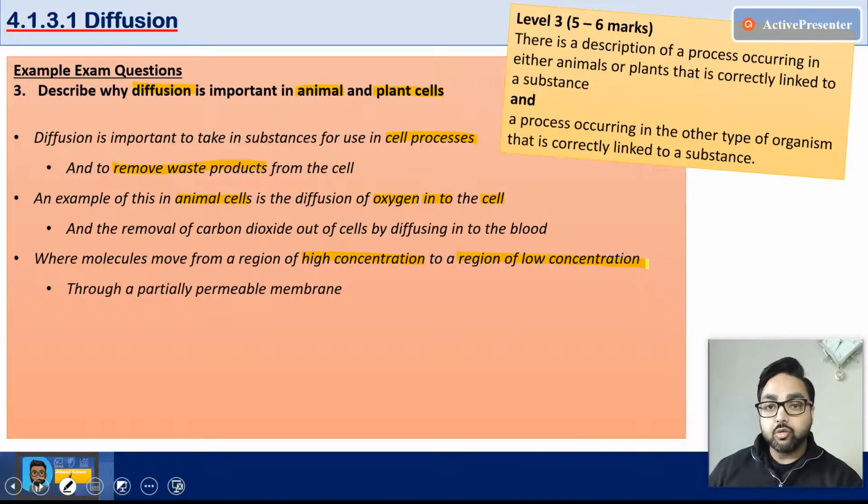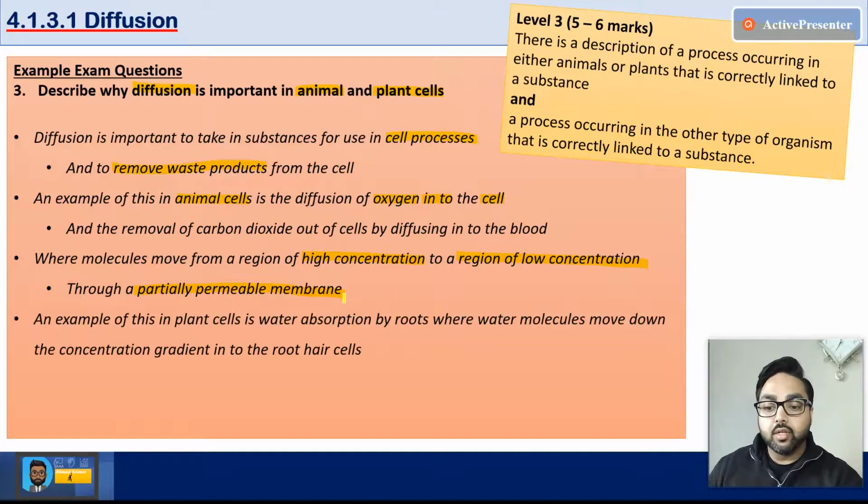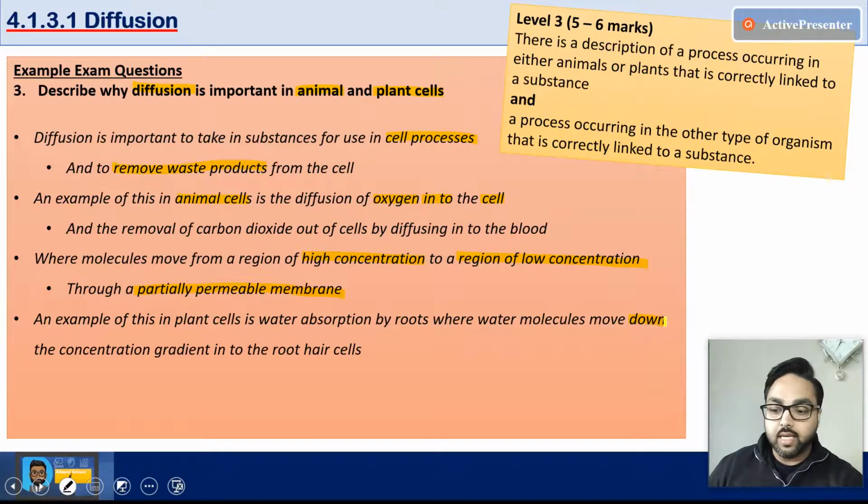So we're just describing diffusion, the things that we already know about diffusion, the notes that we wrote down in the last video, through a partially permeable membrane. And then, just to make sure I get all the marks, I've given an example from a plant cell: water absorption by roots, where water molecules move down the concentration gradient. So again, I've hit that key phrase that we had when we come to describe diffusion.